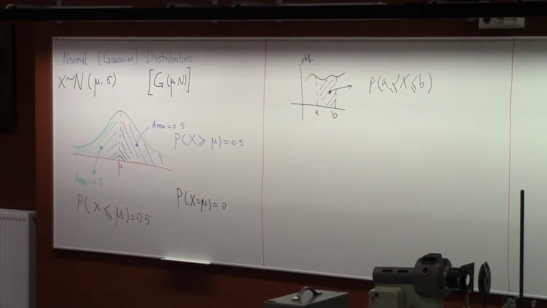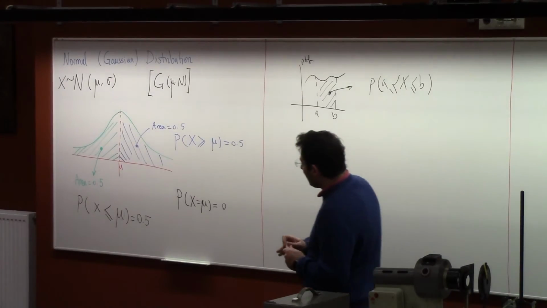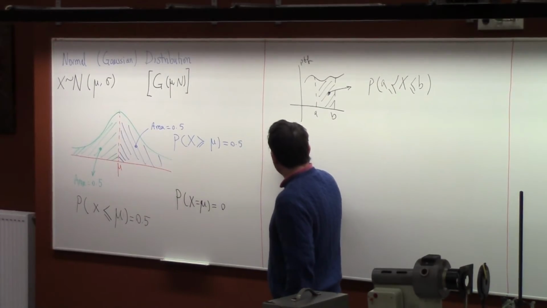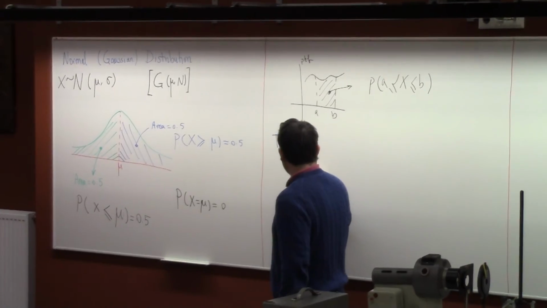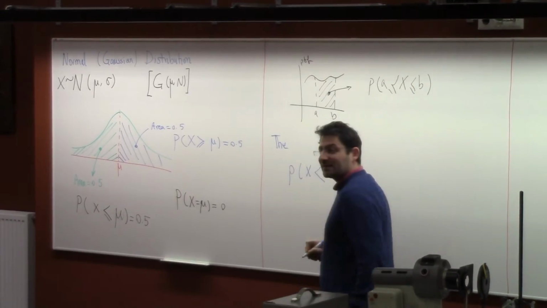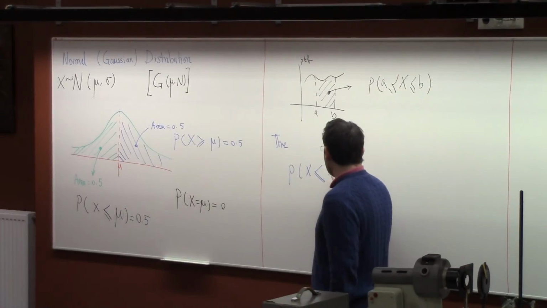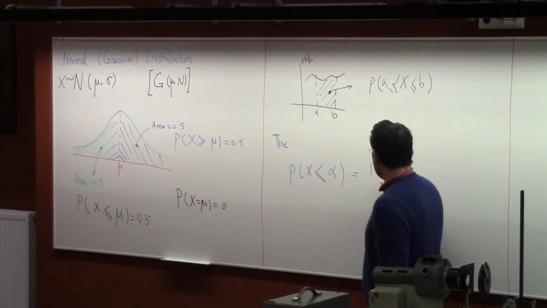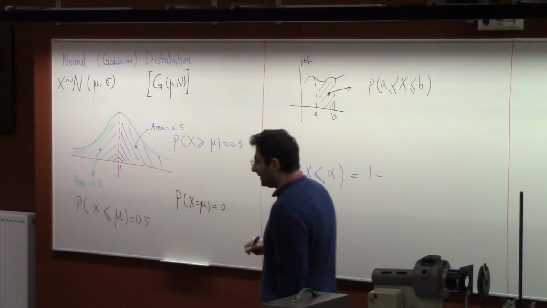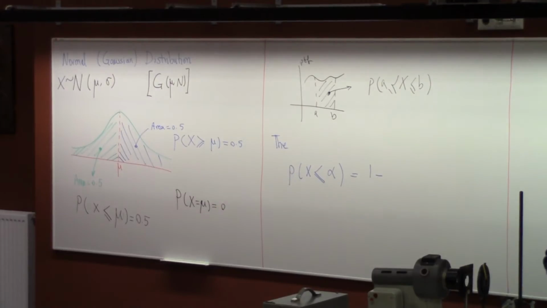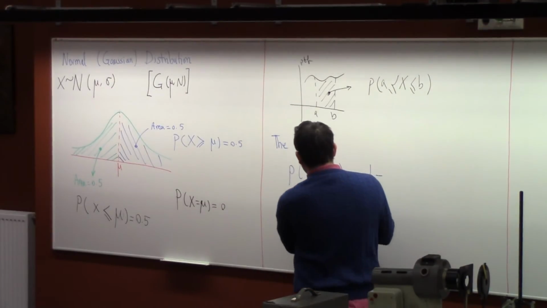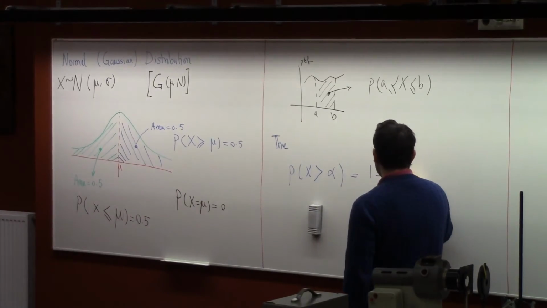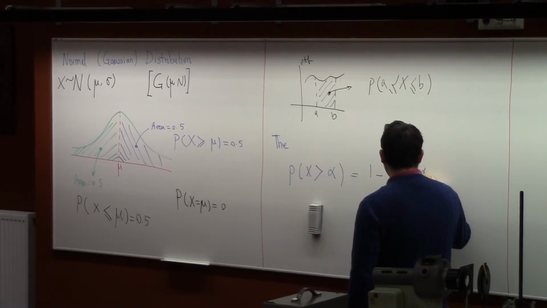But before getting to that, from here we can understand that the probability of x greater than alpha, whatever alpha is, is equal to 1 minus the probability of x less than or equal to alpha.